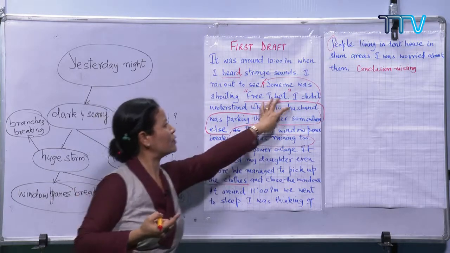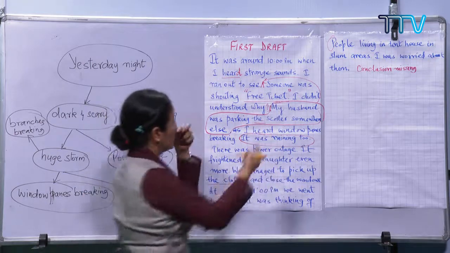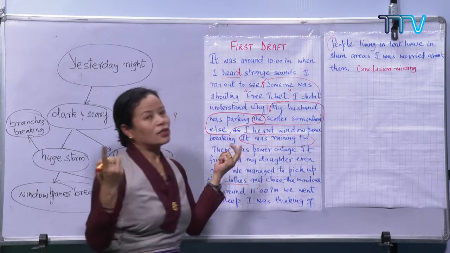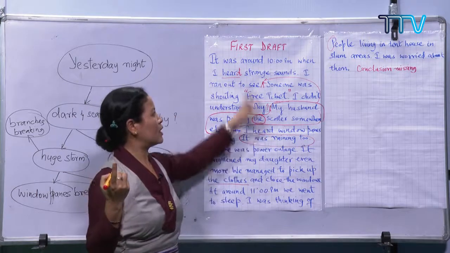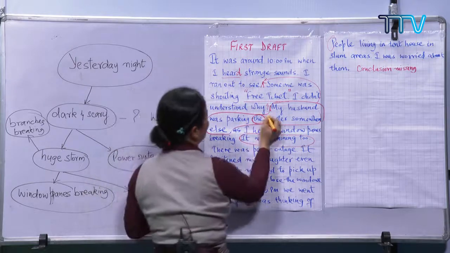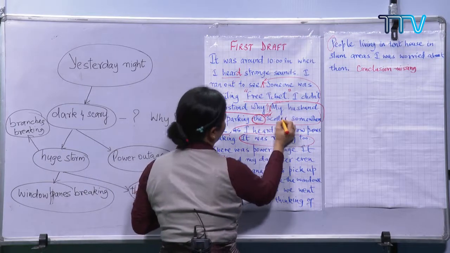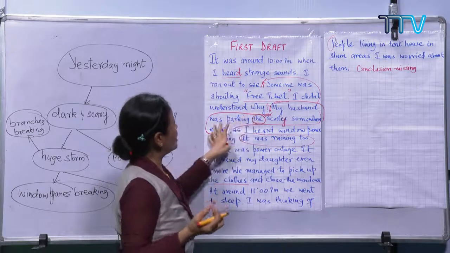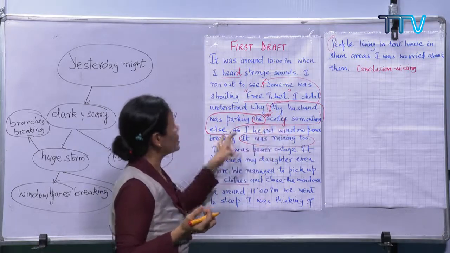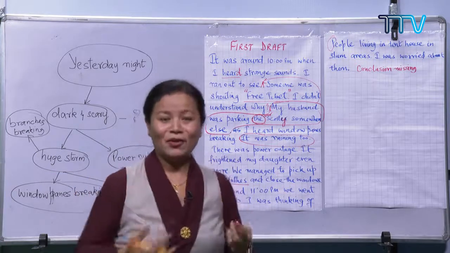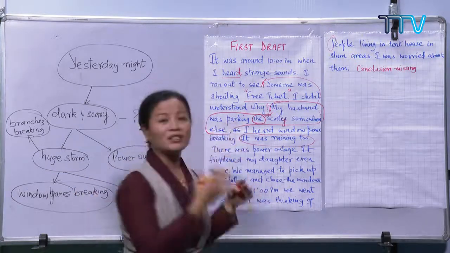So my husband was parking the scooter. It's not a definite article because we haven't discussed the scooter in the beginning, isn't it? So I can just write "our", and maybe we can write "scooty" to sound a little better. Maybe my husband was parking our scooty somewhere else. Why? Now the reader might be interested in knowing why my husband was parking the scooty somewhere else.